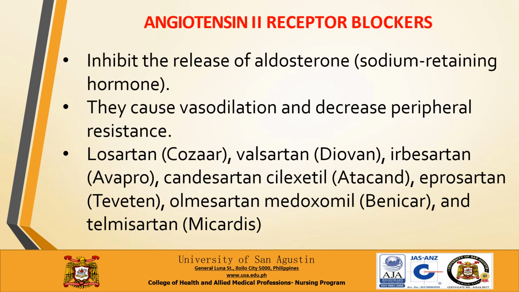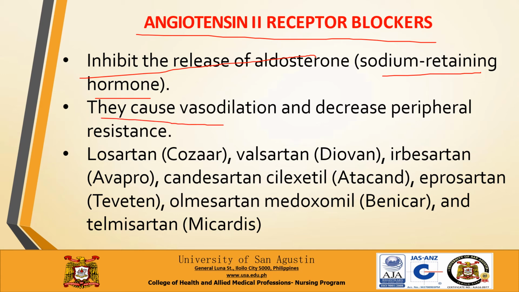Okay, so let's proceed with your angiotensin 2 receptor blocker, which inhibits the release of your aldosterone, where aldosterone is your sodium retaining hormone. So because it inhibits the release of aldosterone, it inhibits the retention of sodium that causes the rise in blood pressure. So it may cause vasodilation as well, and it decreases the peripheral resistance.